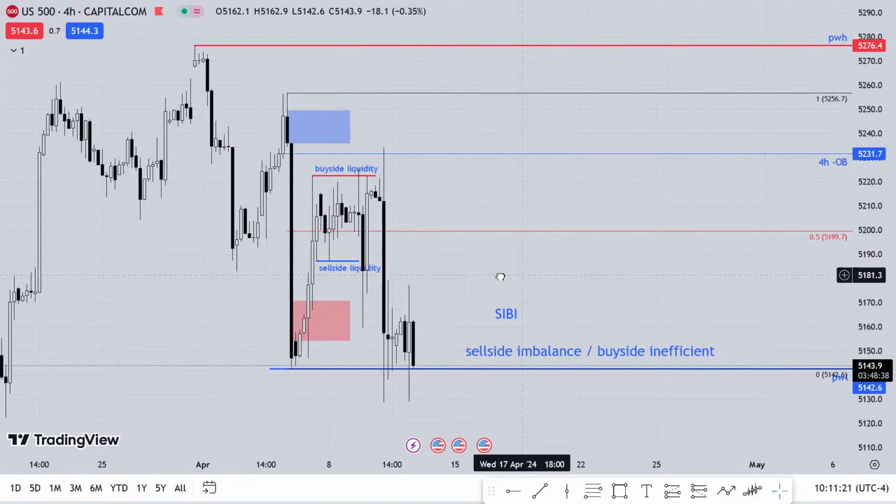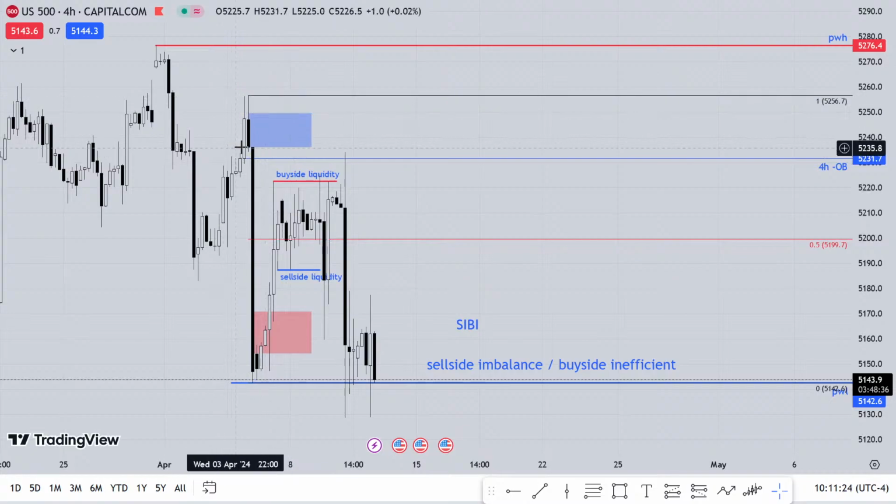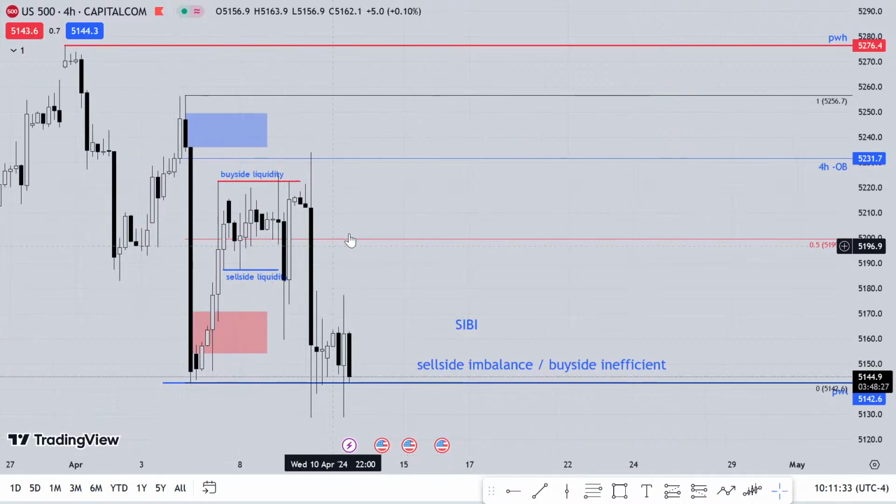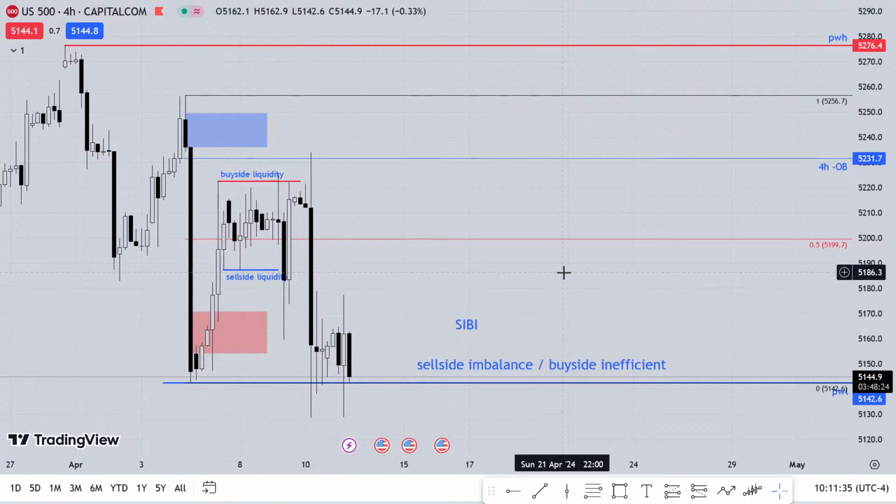So what price did was rally higher to this bearish order block after taking out buy side liquidity and dropping down for the sell side resting here.